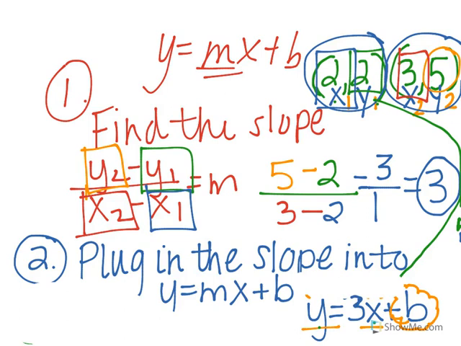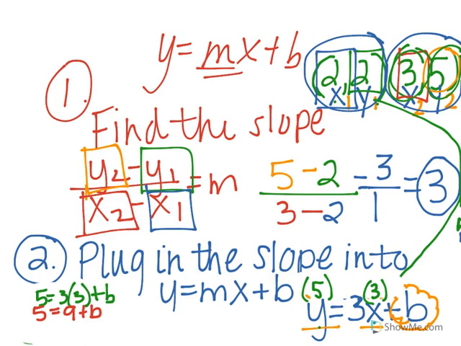If I plugged in the 3 for the x, because this is the x value, and the 5 for the y, because that is the y value, I get 5 equals 3 times 3 plus b. 3 times 3 is going to give me a 9 plus b, and then I'm going to move the 9 over by subtracting. 5 minus 9 is going to give me a negative 4.